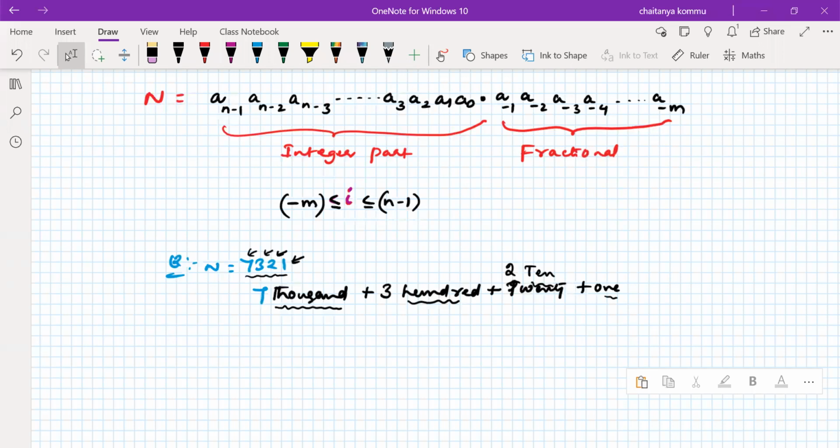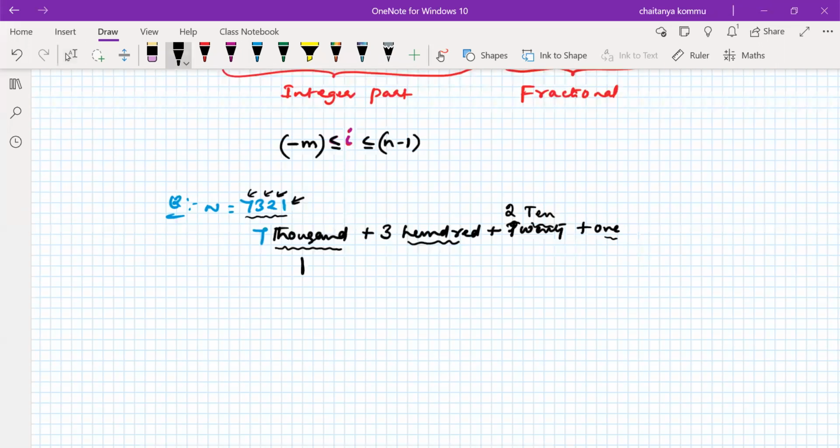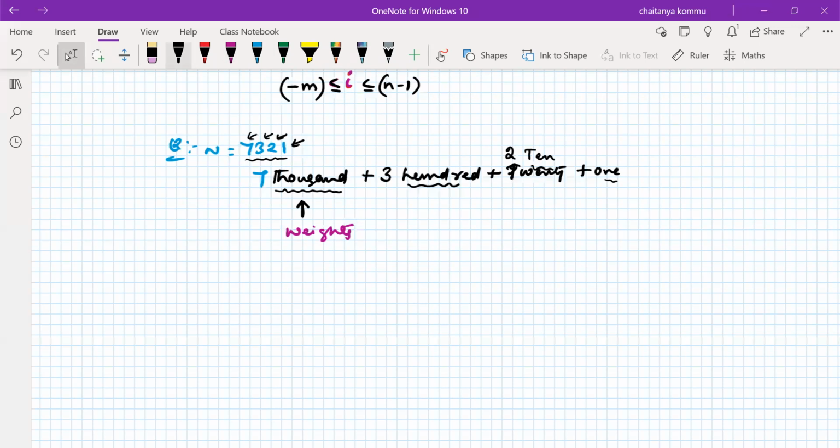How do we get the weight of a particular coefficient? That depends upon the base of the number system. So the weight is defined by its radix.